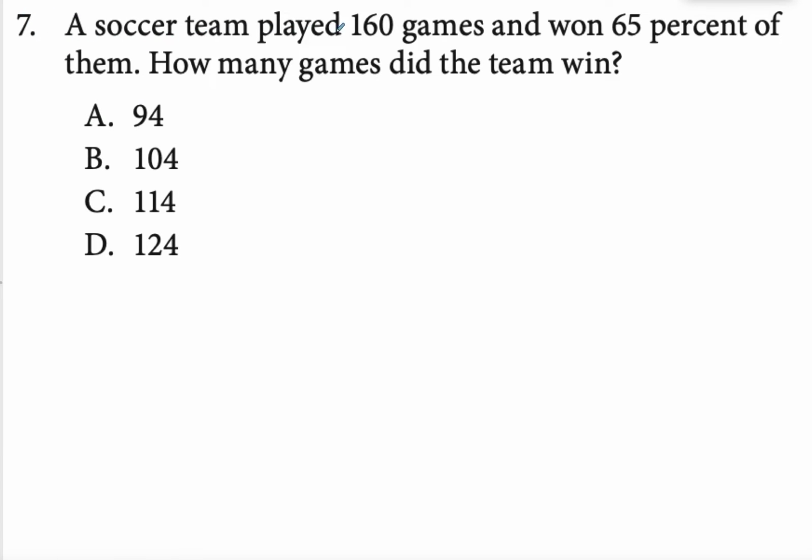A soccer team played 160 games and won 65% of them. How many games did they win? Because they won 65%, that means 65 over 100 times 160.